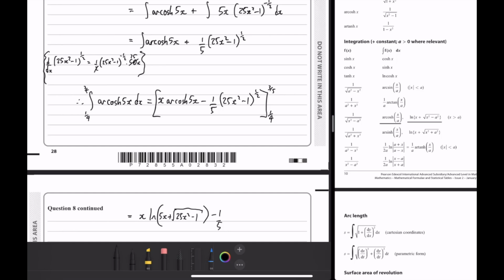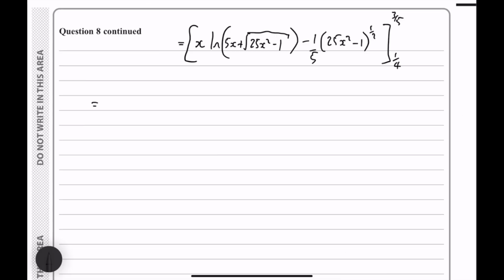Then we still have 25x squared minus 1 to the half here. 1/4, 3/5. 3/5 of log 3 plus 2√2, minus 1/5 times 2√2.